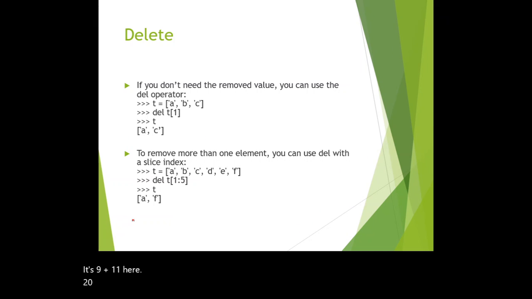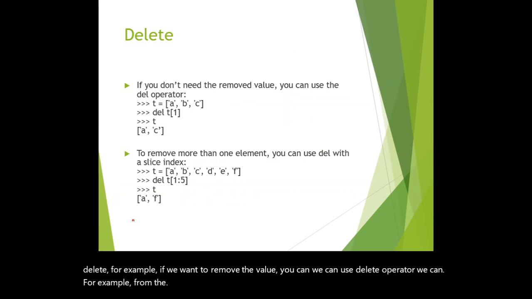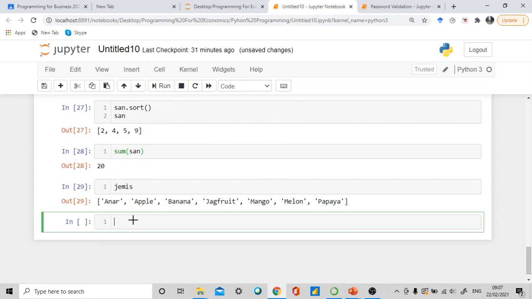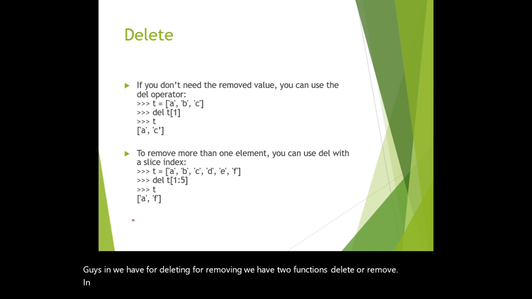Delete. For example, if we want to remove a value, we can use the delete operator. From the gems we have these elements. Guys, for deleting, for removing, we have two options, delete or remove. In delete we are removing a value by index.